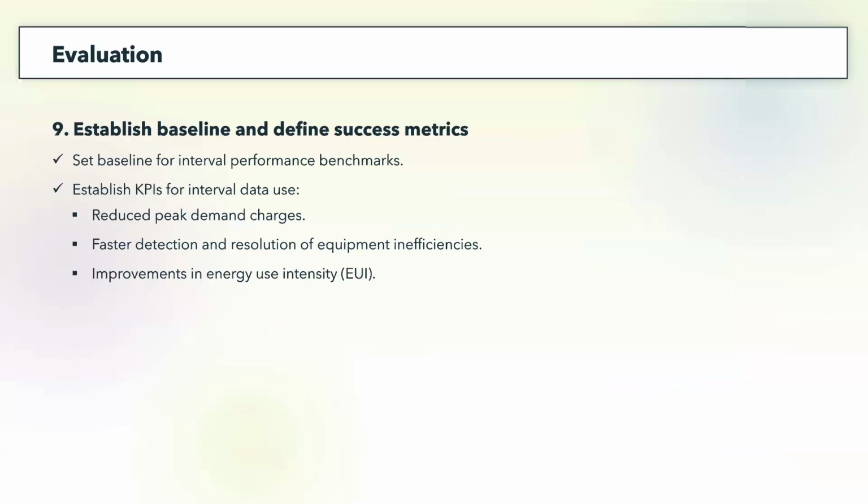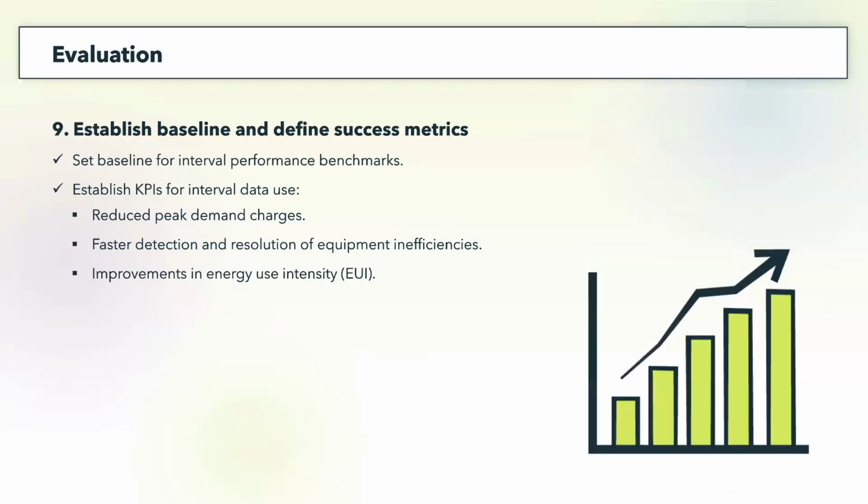All right. Number 9 is about, okay, we invested a lot of energy and money in this project. Let's see how successful it is. So part of that is establishing a baseline of where we were before we got this in here and defining some KPIs or success metrics that we can use to quantify how valuable this project, this investment is, right? That return on investment, right? So some of those KPIs could be, did we reduce our peak demand charges?